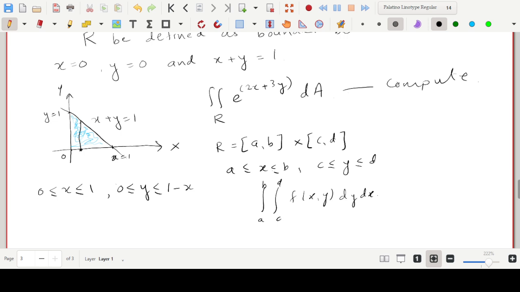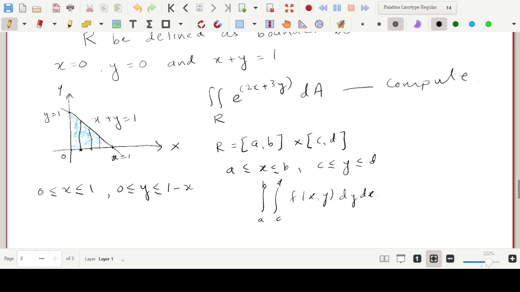So when x varies from 0 to 1, for every x, y will vary from 0 to 1 minus x. Here 0 to 1 minus x.